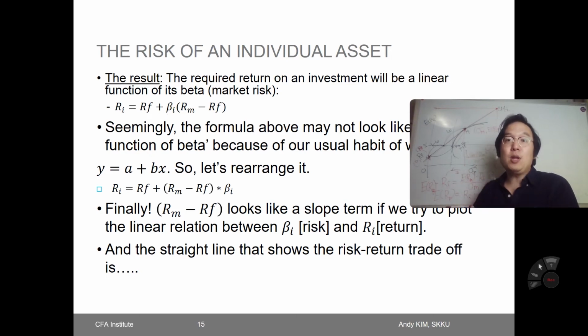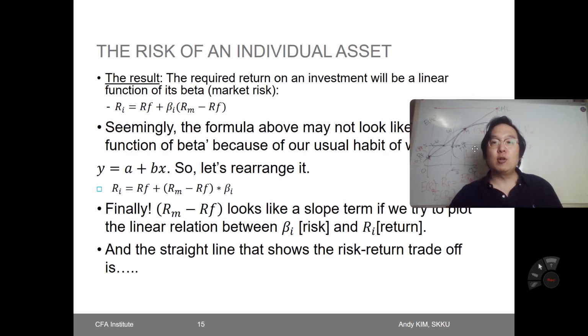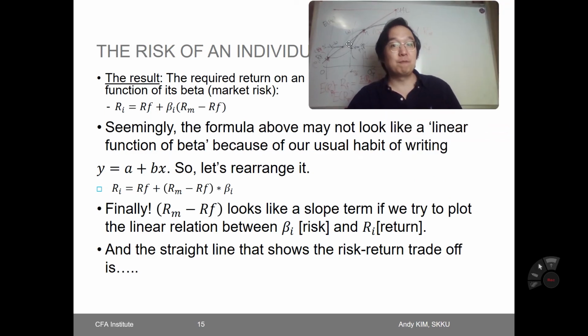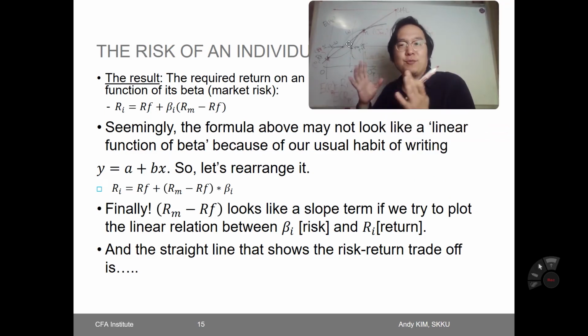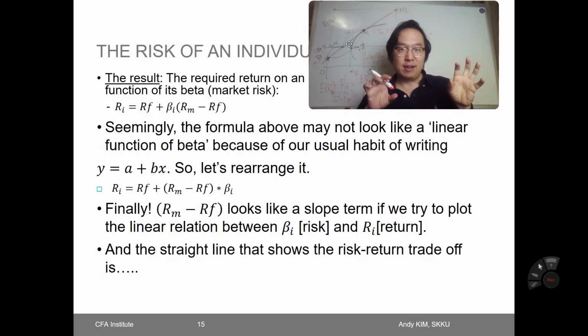Seemingly, the formula above may not look like a linear function of beta because of our usual habit of writing y equals a plus x, and then the coefficient was always on the left-hand side of the x. And you are talking about the right-hand side of the beta. So let's rearrange this thing, okay? So much so that Ri equals Rf plus Rm minus Rf times beta, okay?